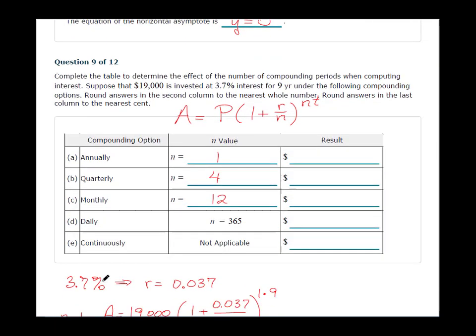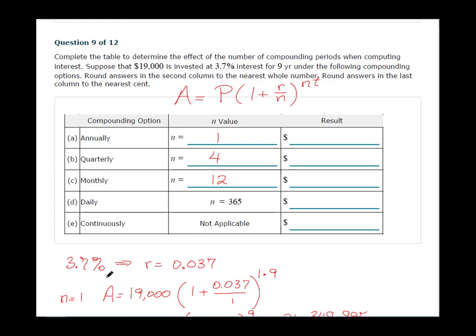All right. Now, in question 9, we look at some banking applications. And for the first part of the banking application, we look at something which involves compounding periods. How often the interest is recalculated and added back in. The formula is the following. A is the amount of money we're going to have out at a future time. P is how much we invest now.